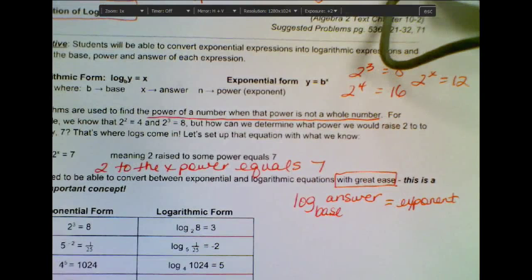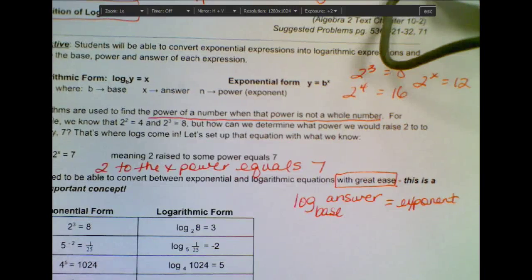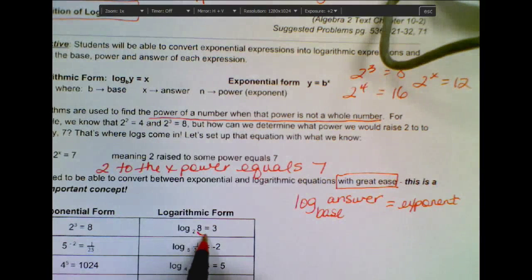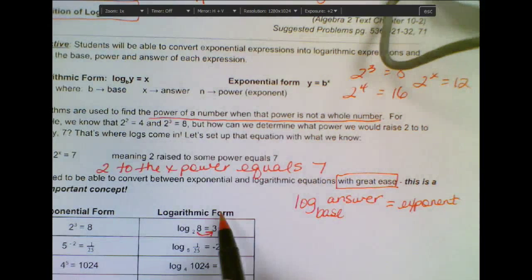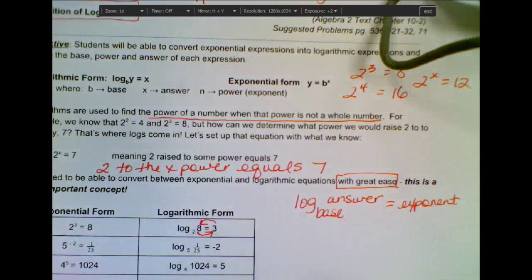So, exponential form is something that we're used to. That means 2 to the third power equals 8. The difference with logarithmic form, and I encourage you to think of it like this, it's a circular pattern. The exponent is now what's isolated by itself. 2 to the third power equals 8. It's just rewriting that function.